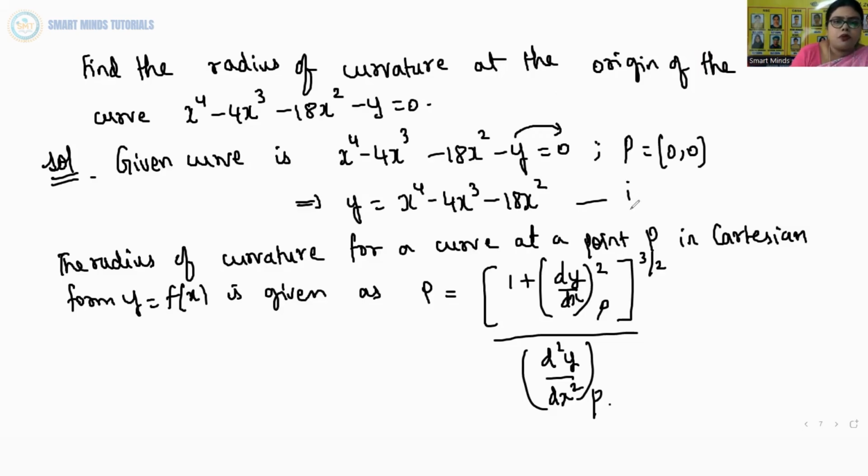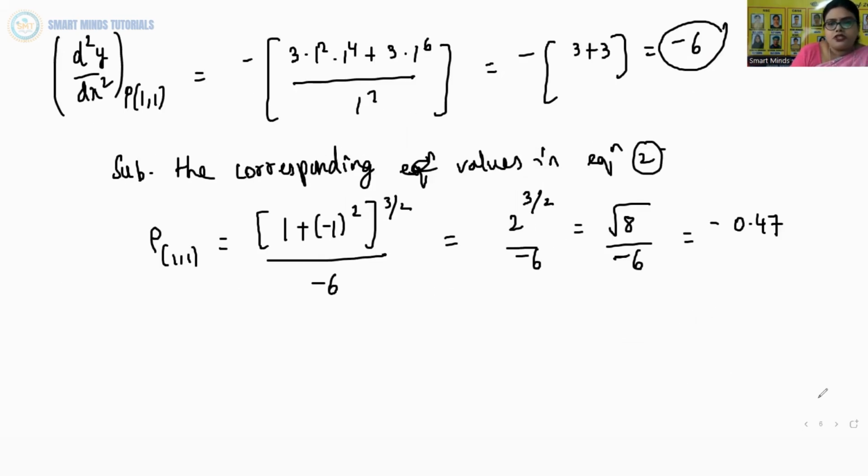So now we'll see how to find out dy by dx. So what is dy by dx? Y we got as x power 4 minus 4x cube minus 18x square. So if we differentiate that, let us take this as equation number 1 and this as equation number 2. So we are differentiating equation number 1 now.